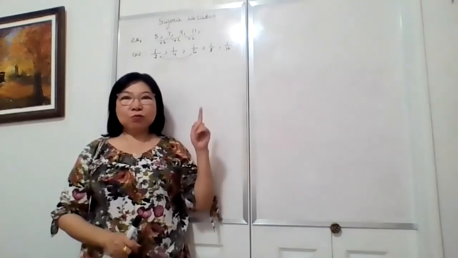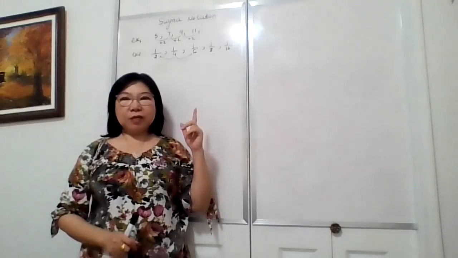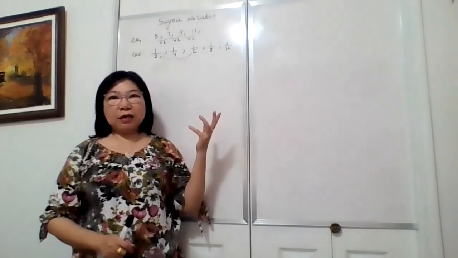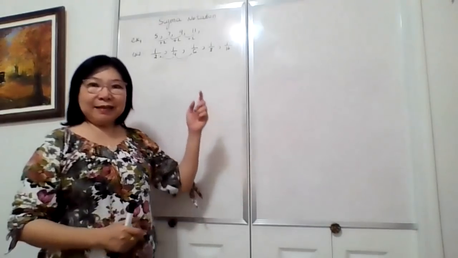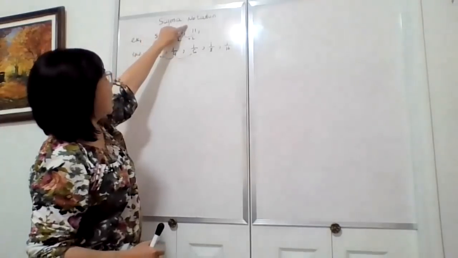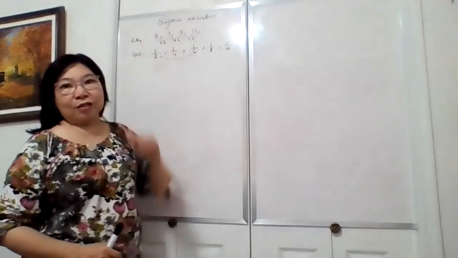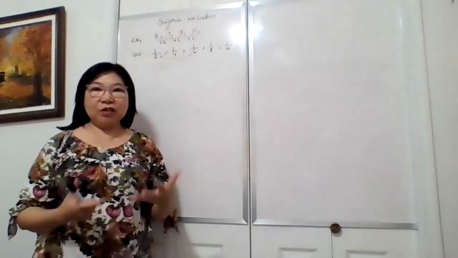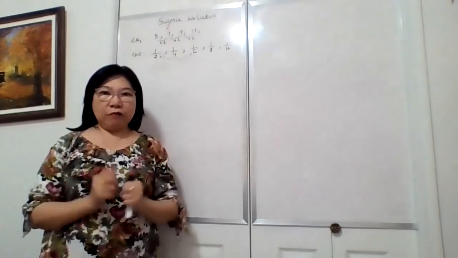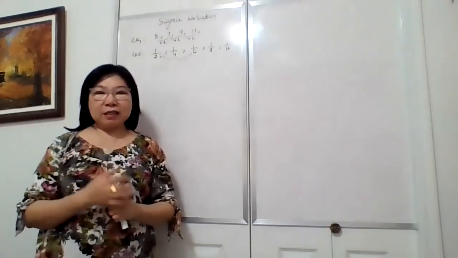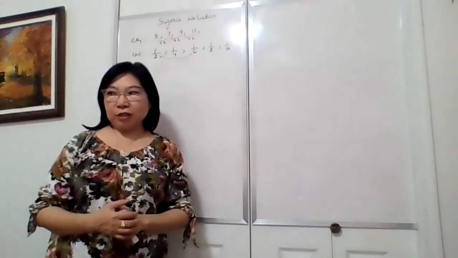Today you will learn another thing, a notation for the sum of the series, which we call sigma notation. Sigma notation is just another way of writing the series in short form, and it is a mathematical notation.